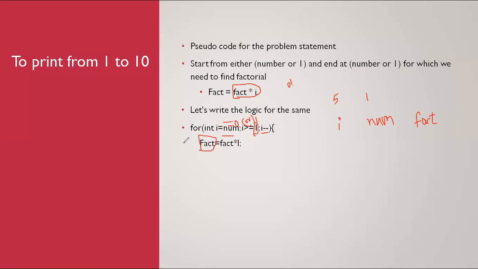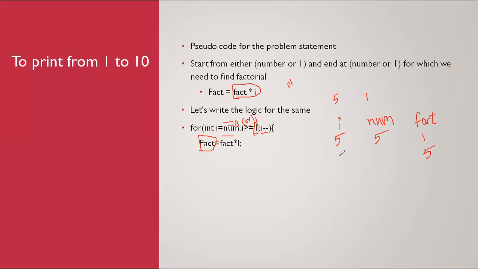Okay. So initially, what is the value of I? I value is 5 and number value is also 5 and fact value is 1, before entering into this loop. Let us assume that it entered the loop. What is the fact value here? Fact value is 1 and I value is 5. 1 into 5 is 5.